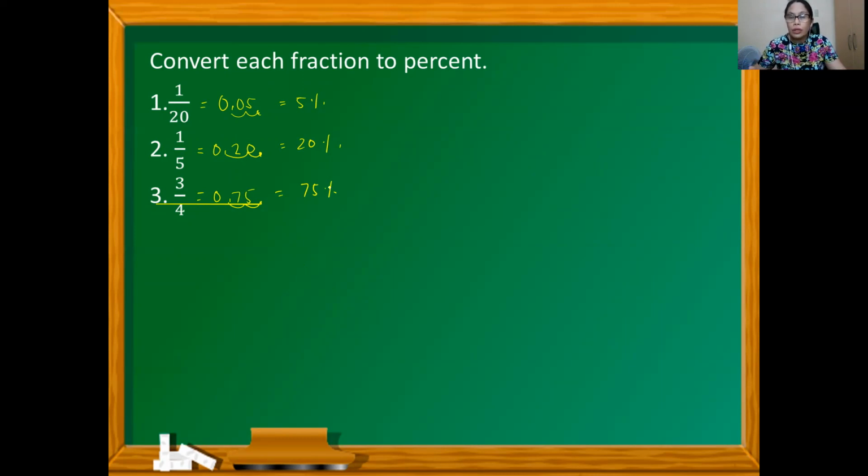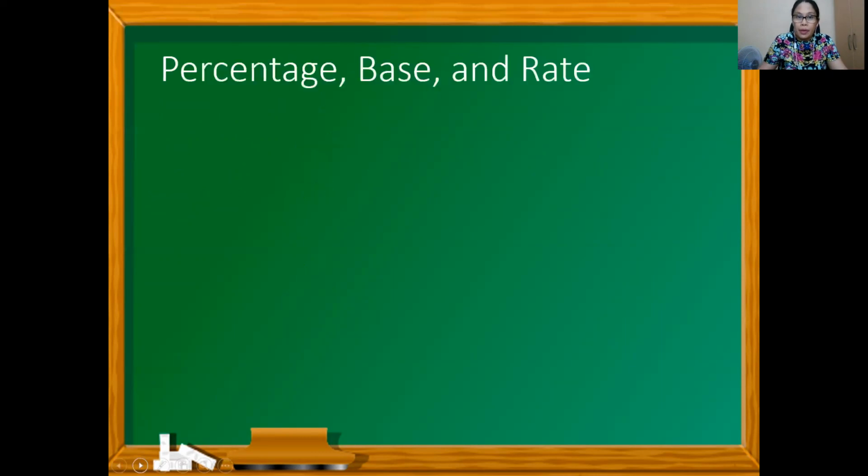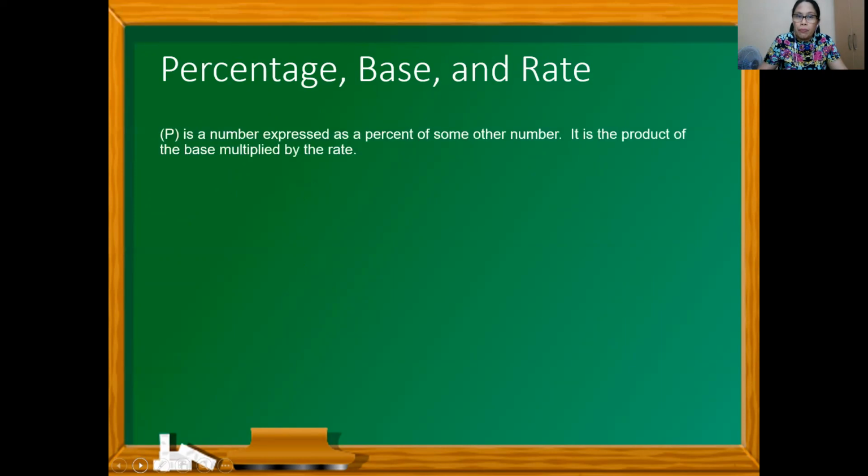Now, as we did the conversion, the next thing that we're going to do is to apply those conversions in solving for the percent, base, and rate problem. So when we say percentage, base, and rate, particularly percentage is a number expressed as a percent of some other number. It is the product of the base multiplied by the rate.